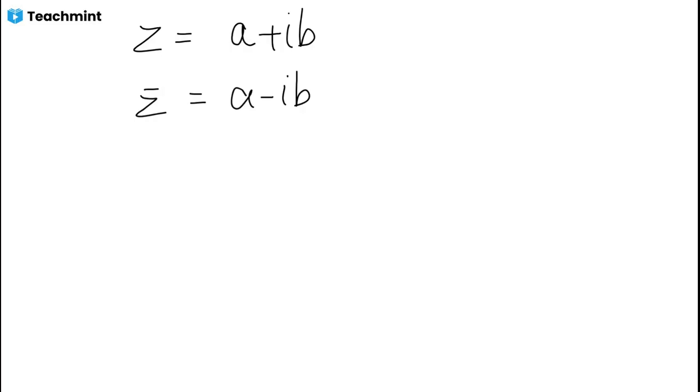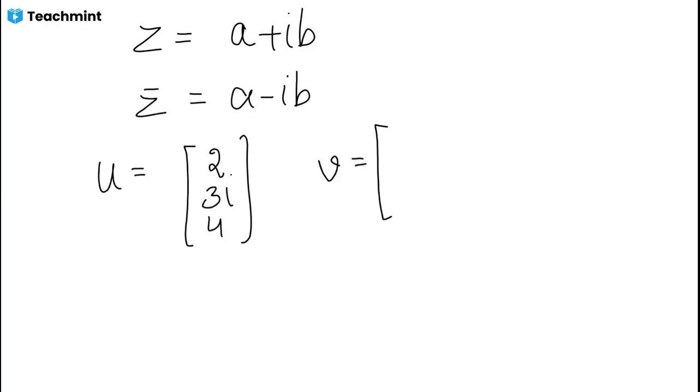Take a vector with elements 2 and 3 iota 4, and another vector 2 4 and minus 2 iota.